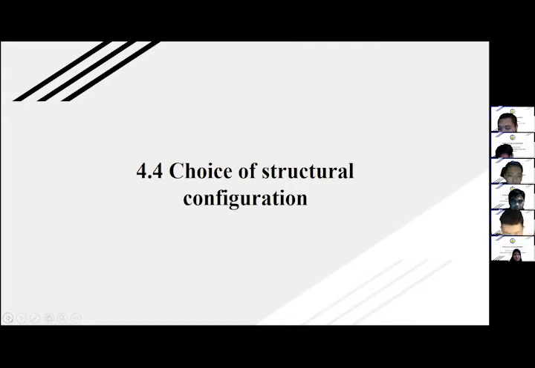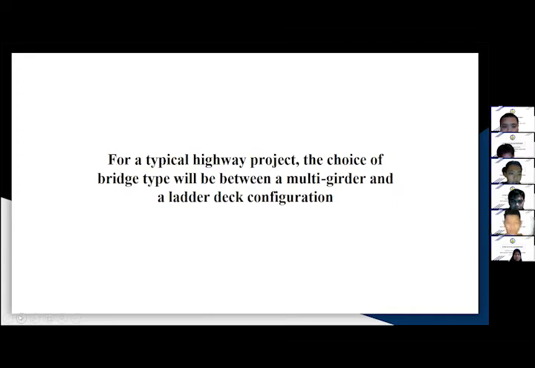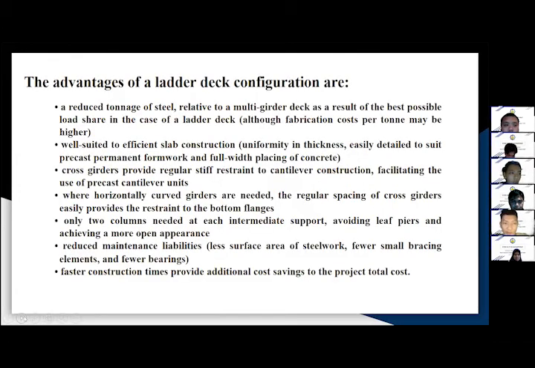Choice of structural configuration. For a typical highway project, the choice of bridge type will be between a multi-girder and a ladder deck configuration. The advantages of a ladder deck configuration are a reduced tonnage of steel relative to a multi-girder deck as a result of the best possible load share.